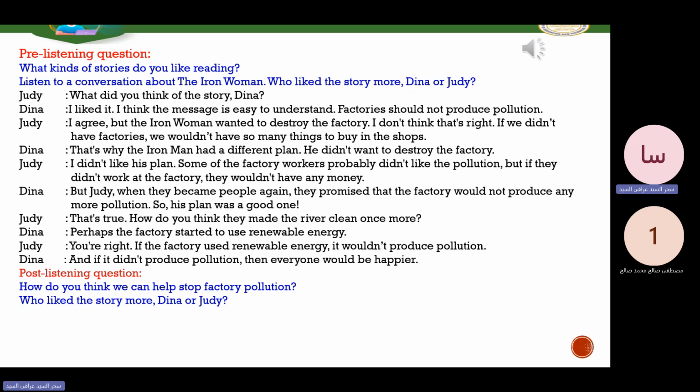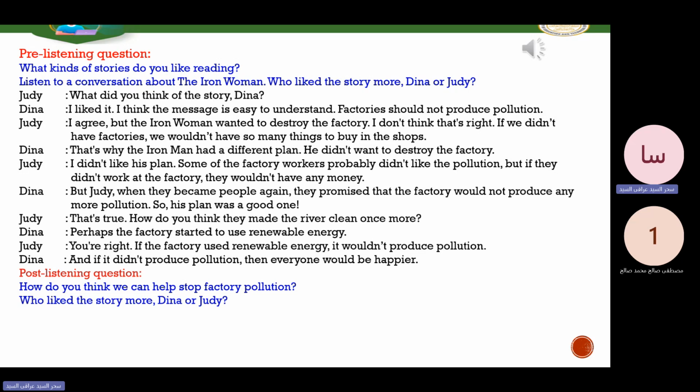Yes, but when they became people again, they promised that the factory would not produce any more pollution. So his plan was a good one. That's true. How do you think they made the river clean once more? Perhaps the factory started to use renewable energy. You're right. If the factory used renewable energy, it wouldn't produce pollution. And if it didn't produce pollution, then everyone would be happier.